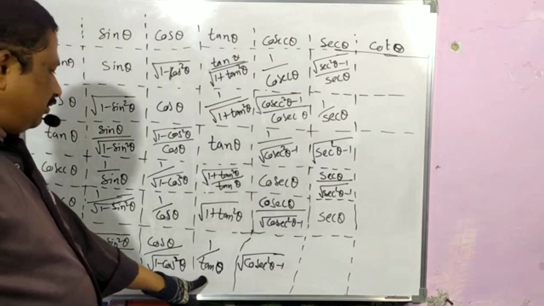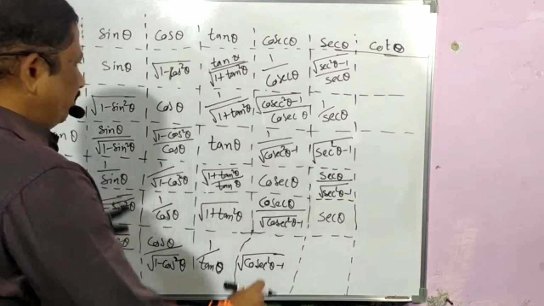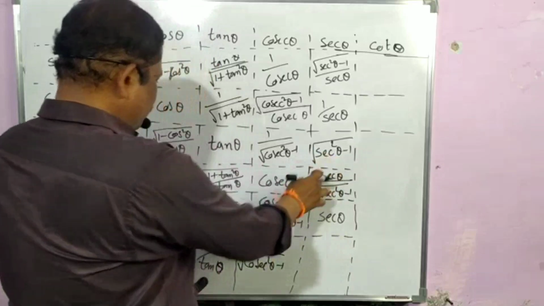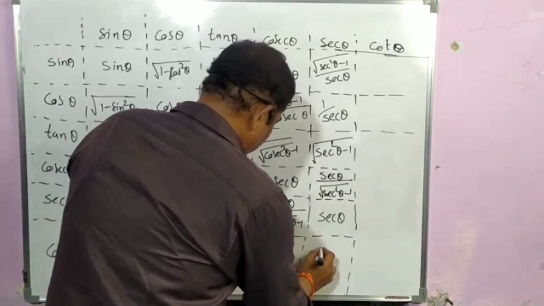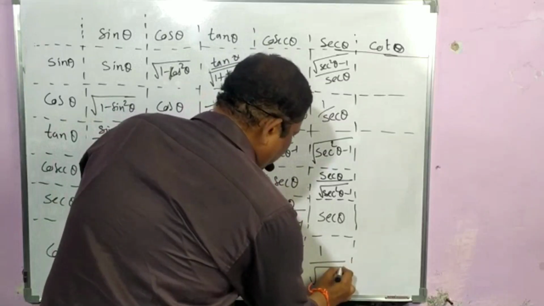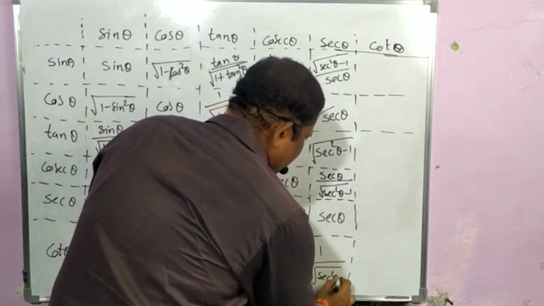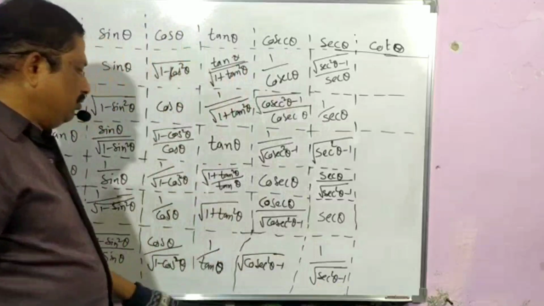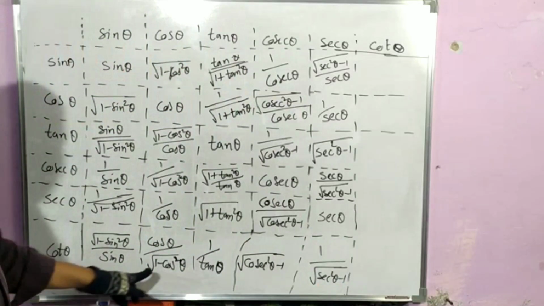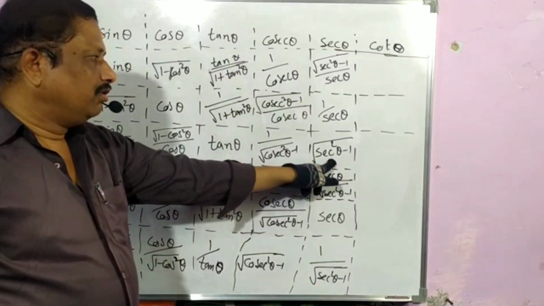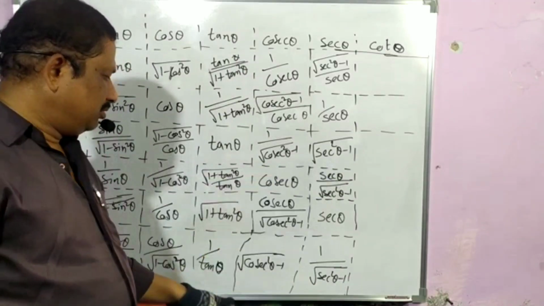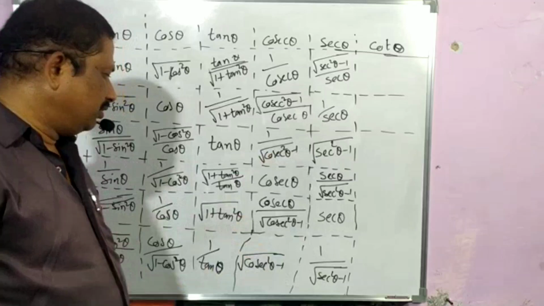So cot we already converted into tan. Tan we retain in terms of secant. Cot is equal to 1 by tan theta. Tan theta we already converted into root of secant square theta minus 1. So 1 by that one is it.